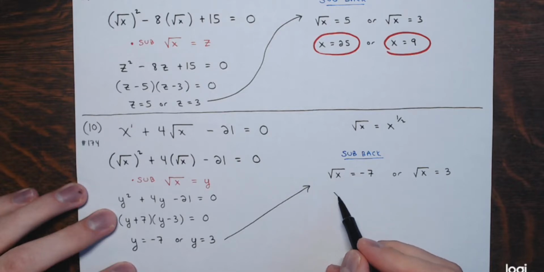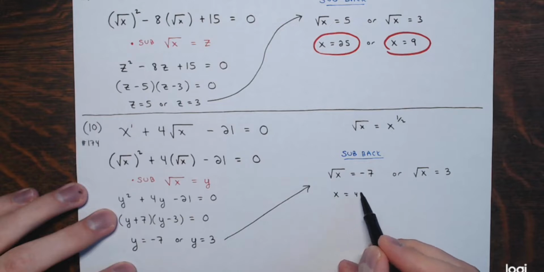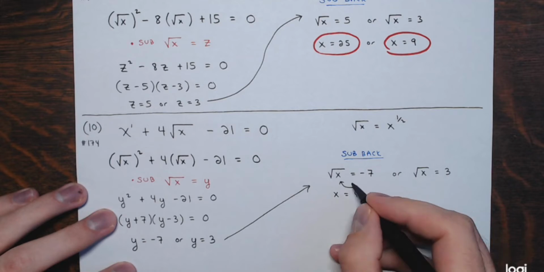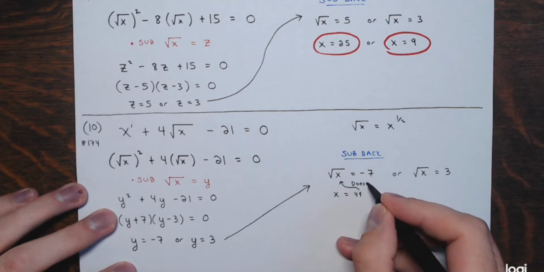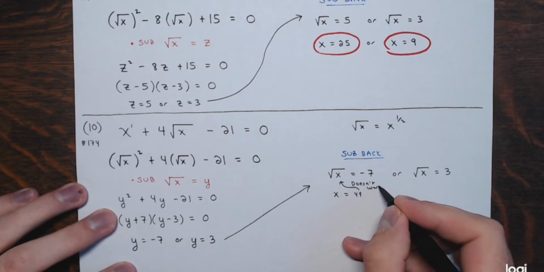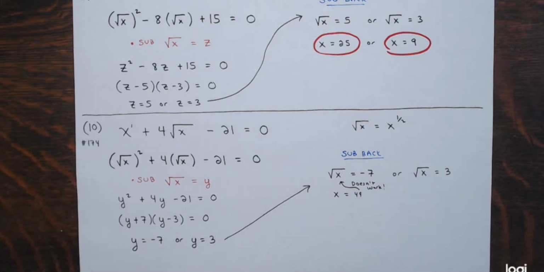Now if you squared both sides and said x equals 49, it doesn't work when you put it back into that equation. You see there's no solution coming from that first equation.